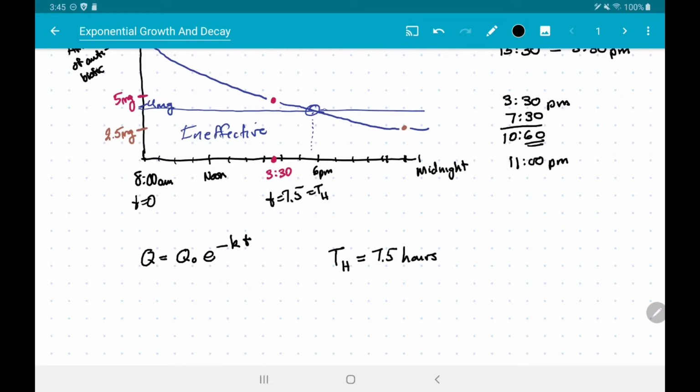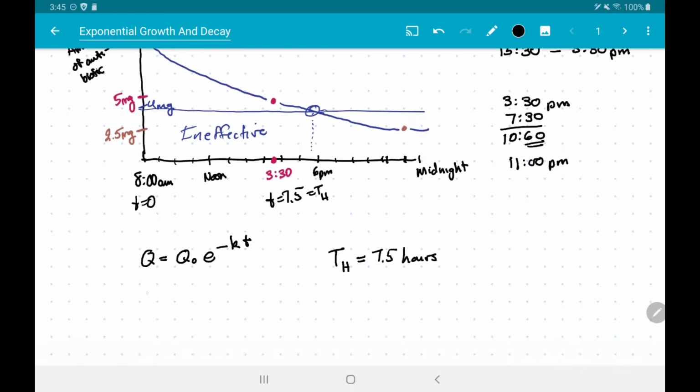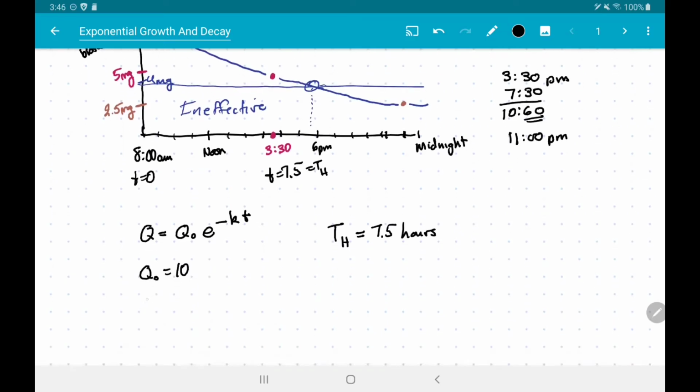And we are told that the initial dose is 10 milligrams. So that's Q sub 0 equals 10, and we'll just do all of the quantity in milligrams. We want to set up something that means that the amount of medication in the patient's body is 4 milligrams. What kind of equation should we use?